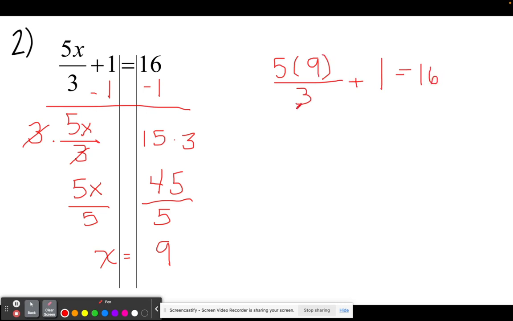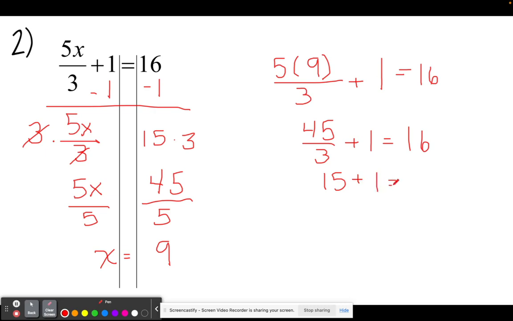Well, 5 times 9 is 45. Divided by 3. If you have a calculator, check it with your calculator. You don't have to go through all of this extra work. Just make sure that you check it correctly. 45 divided by 3 is 15. And I know that 15 plus 1 does in fact equal 16.